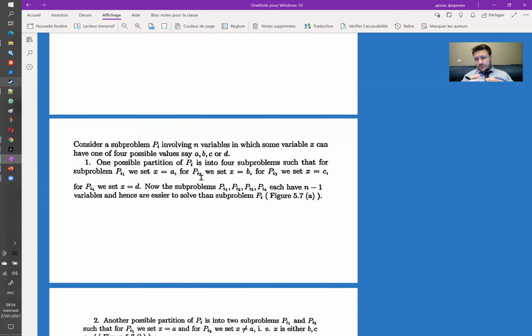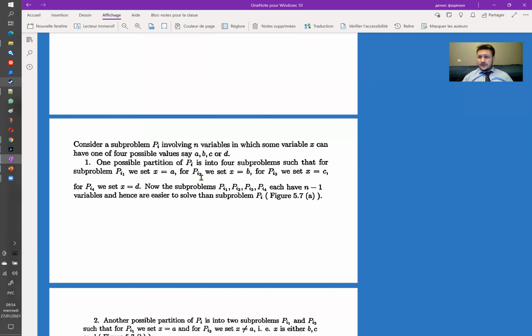We have another problem when we assume that x equals b, and so on, all variants. Okay, it's one partition. And when we solve all these problems, we can say that we solved the larger problem, because we know the solution for each of these problems, and we can compare them.